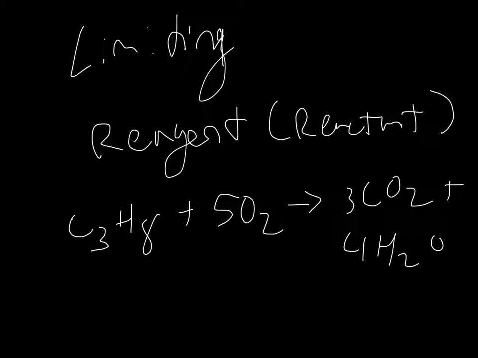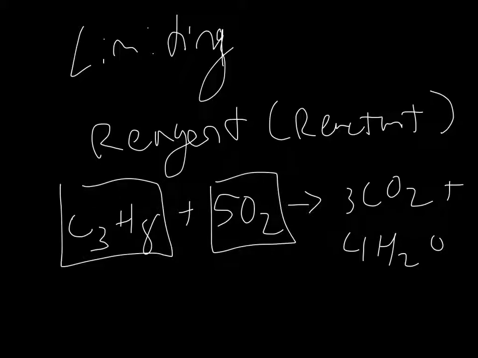Well, if we look at this, we see that this takes up a lot more oxygen than it does propane, right? Because 5 is a lot bigger than 1. Well, that's pretty common sense, right? Well, what if you have less oxygen than you do propane? Then you're not going to use all the propane, are you? You're going to run out of oxygen first, so the reaction will just stop.